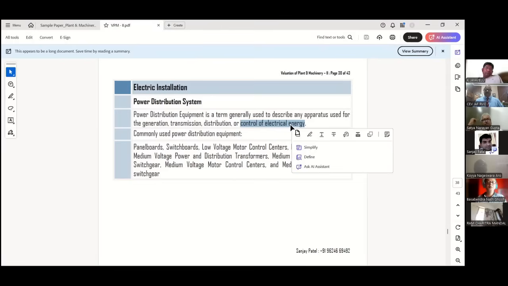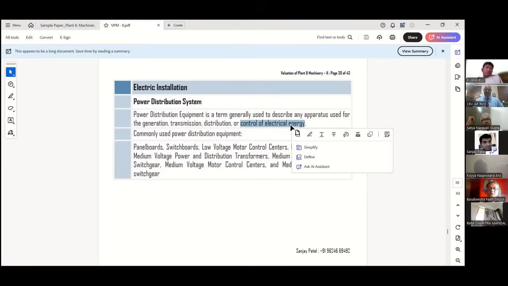Which type of transformer will be placed here? Step down transformer. Again, after the transformer, you will find the switch gear, a protecting device. From the switch gear, it will be transferred to the power system, not directly to machines, but to the MCCs, panels.